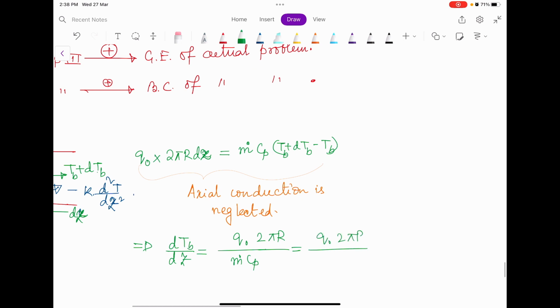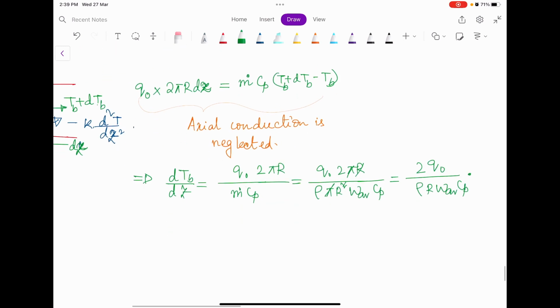So this is Q naught 2 pi r, m dot is rho into A, that is pi r square, into W average, right, into Cp. So pi cancels out, r and 1 r will cancel out, so this will become 2 into q naught by rho r W average Cp. Okay, so I have got an equation for dTb dz.